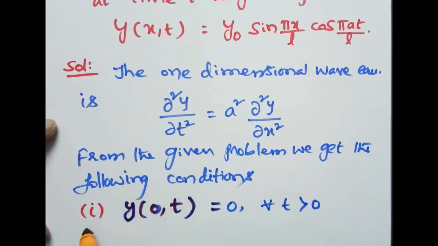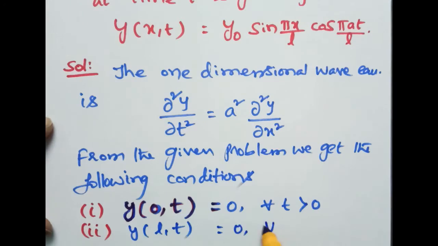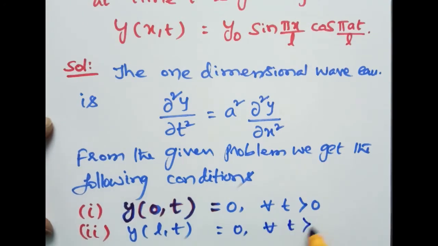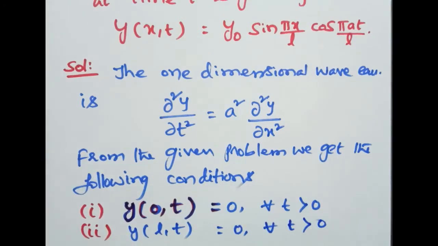Condition number 2: at another endpoint L, the displacement is 0 at any time t, for all t greater than 0.